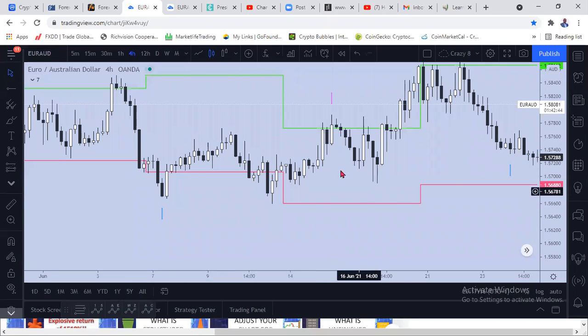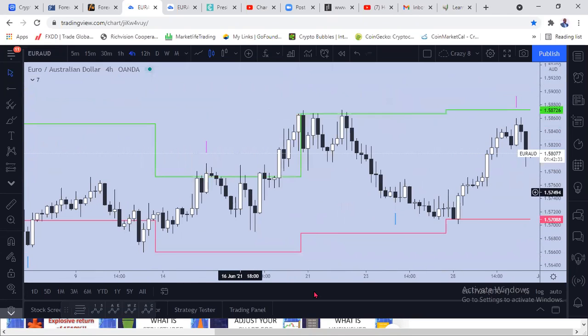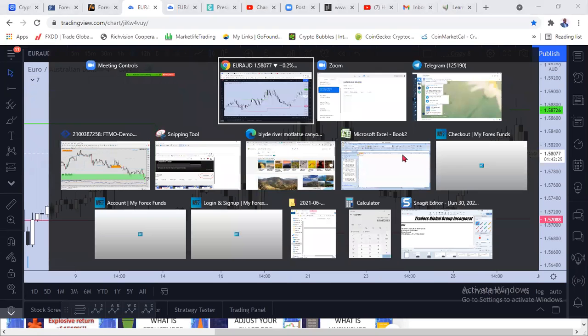Now, another way you could apply the AQZ, aside from the PC or in conjunction with the PC, is to use last week's high and low. Traditionally, when you look at the charts, let me see if I can call up MT4, it might easily explain what I want to pass across.